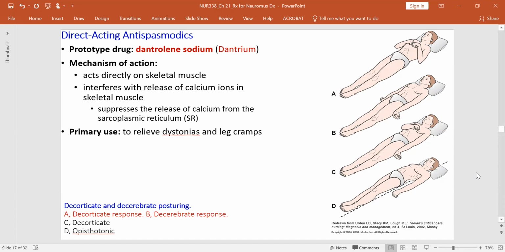The primary use for dantrolene is to relieve dystonias and leg cramps. Dystonia is a disorder characterized by involuntary muscle contractions that cause slow, repetitive movements or abnormal postures. On the right side of the slide, you will find an image of four different positions, either decorticate or decerebrate positioning.